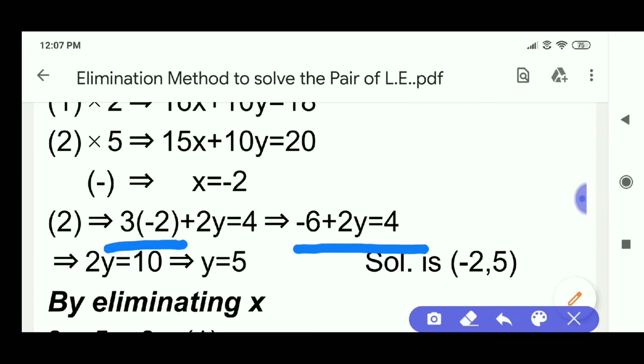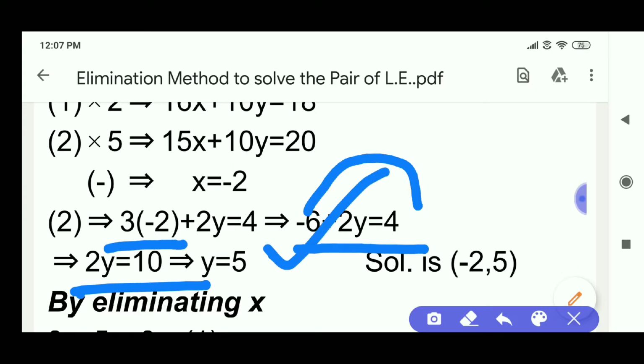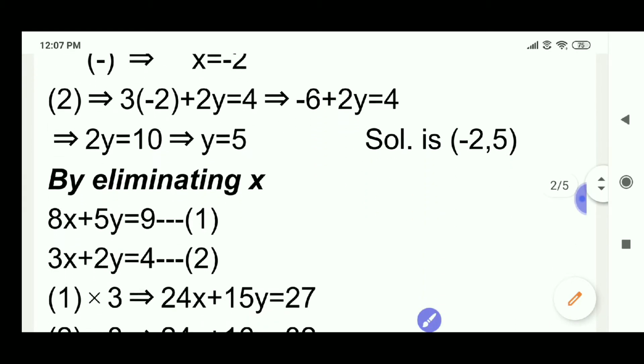That implies 3 × (-2) is -6, plus 2y = 4. So 2y equals, when -6 goes to the right side, it becomes 4 + 6, which is 10. 2y = 10 implies y = 5. So the solution is (-2, 5).